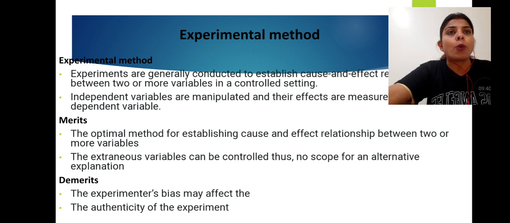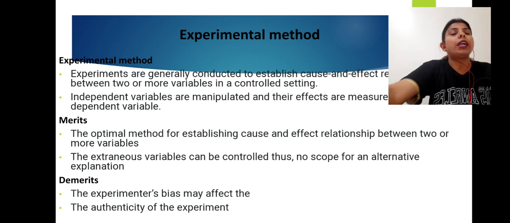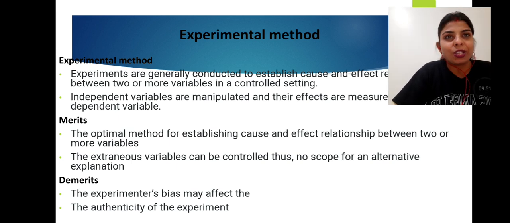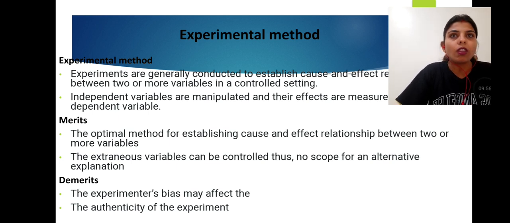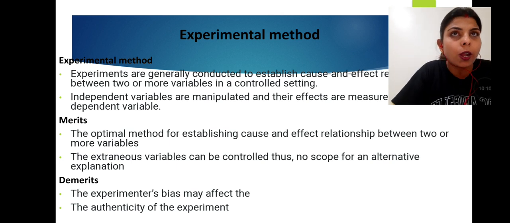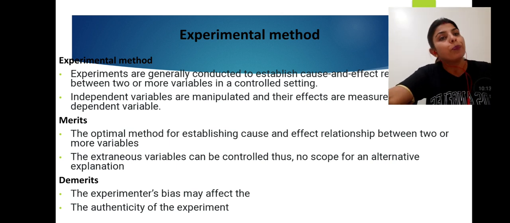Researcher role: in observation the researcher may observe passively, and in the experimental method the researcher actively manipulates. Control over variables: low to moderate, and high. Example: watching kids play in a park, testing if music improves memory. Testing if music improves memory is an example of the experimental method, and watching kids play in a park is an example of the observational method.